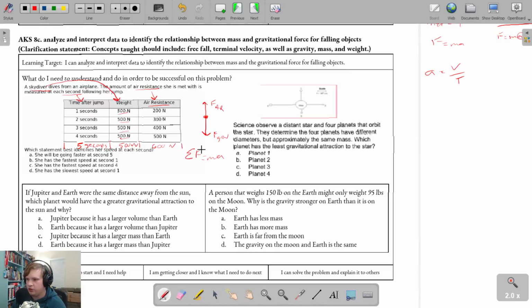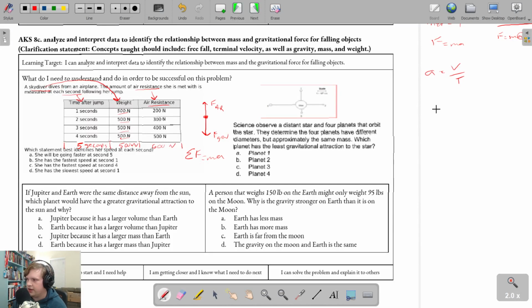How do you get a smaller net force? Well, the larger your air resistance, the smaller your net force. 200, 300, 400, 500, 600. She is having a smaller net force the entire time she falls.